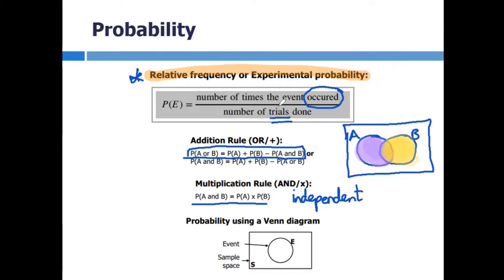And what I want you to notice is if I add the purple and the yellow, the two circles together, what's happened is I've actually added this section in the middle, where A and B overlapped. I added that twice. I added it with the purple number and I added it with the yellow number.